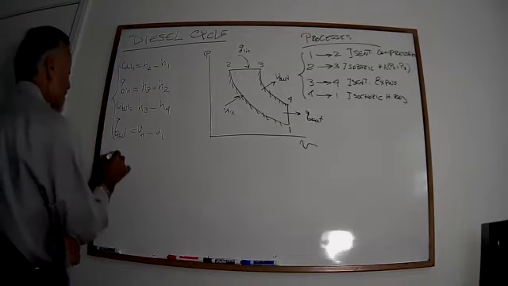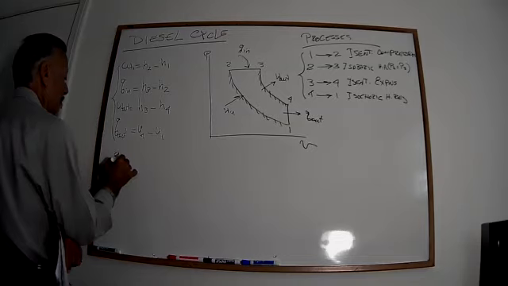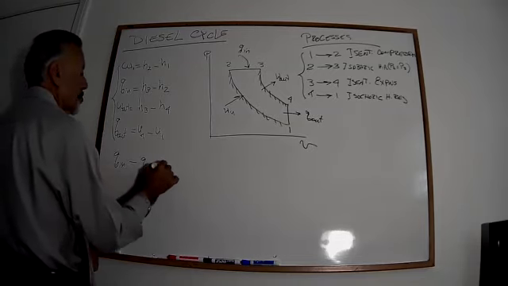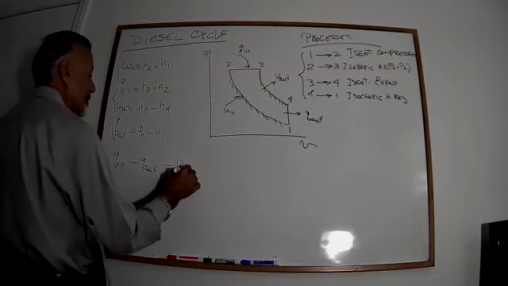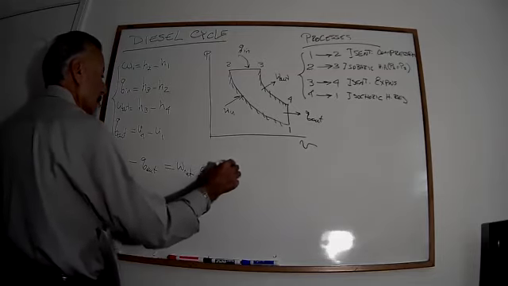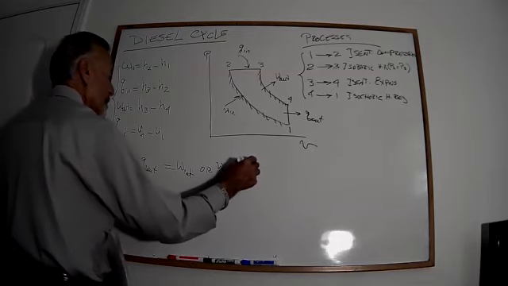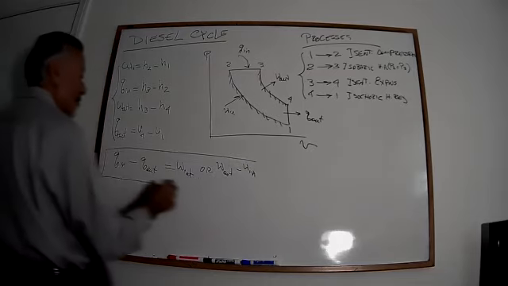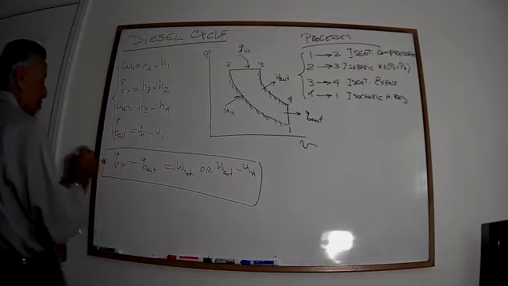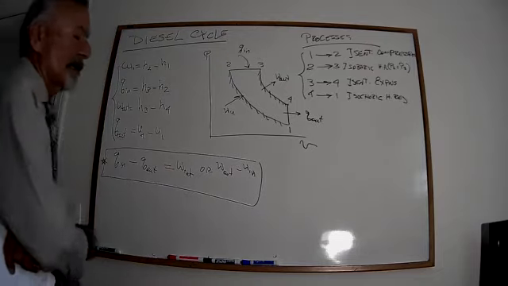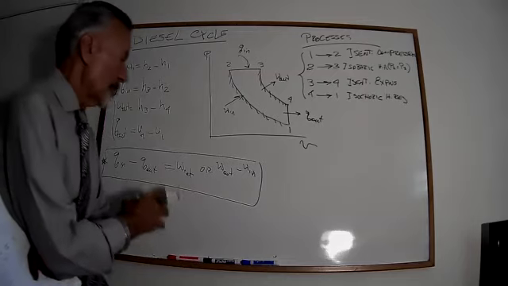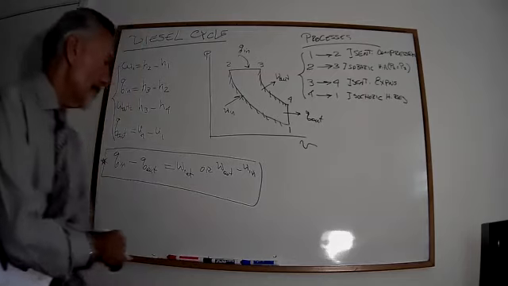As always, Q in minus Q out will give us net work, or work out minus work in. As I mentioned before, this will never change. Net work is the difference between heat in and heat out, or work out and work in.